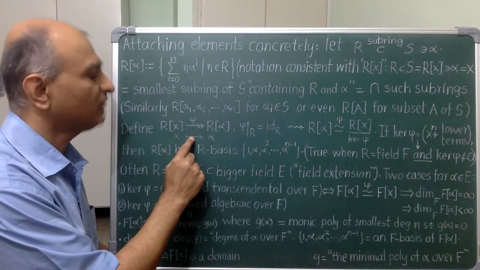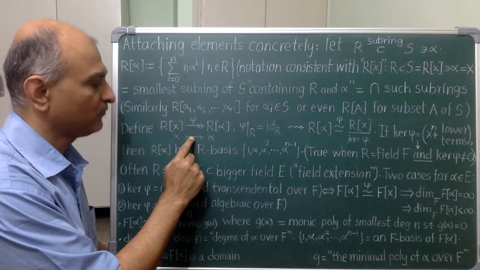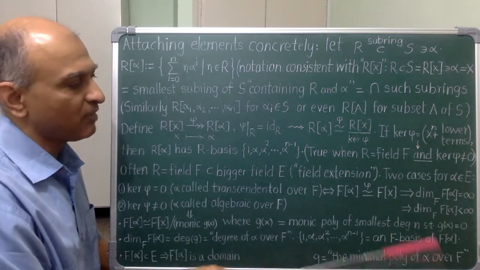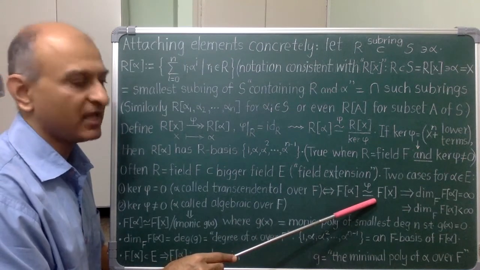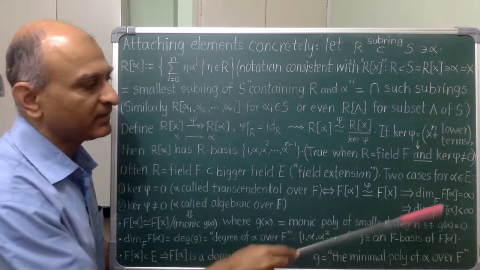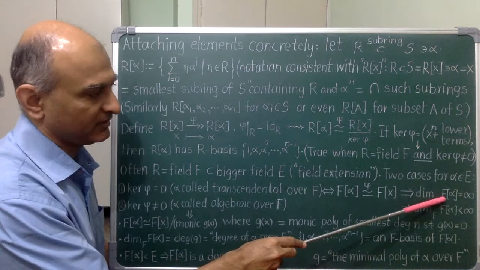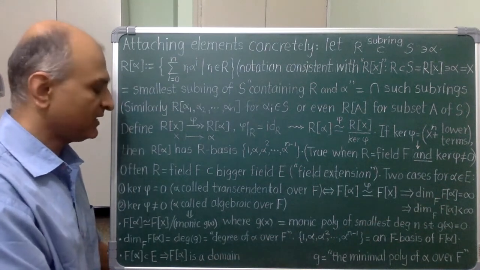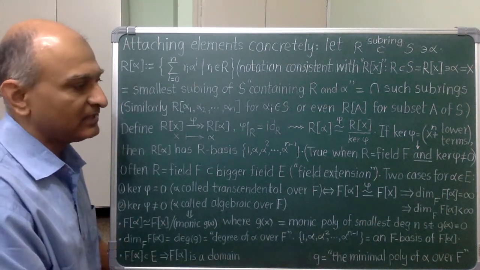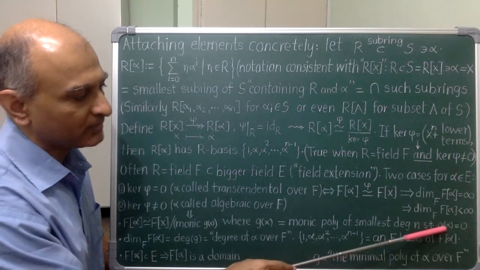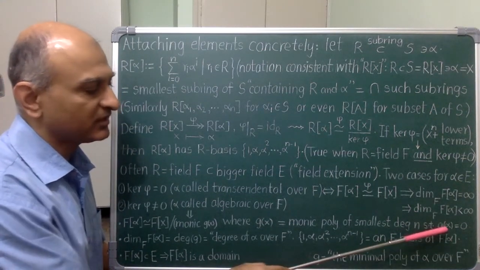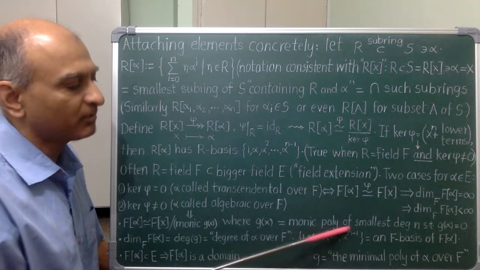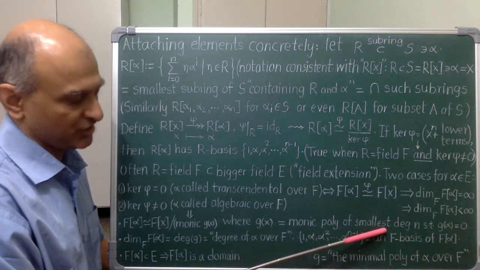If the kernel of the evaluation map is 0, then it is an isomorphism onto its image. So all powers of alpha form an F basis for it. In particular, the dimension is infinite. If the map phi does have a kernel, then it consists of all polynomials having alpha as a root. This ideal is generated by a unique monic polynomial, let's say g.